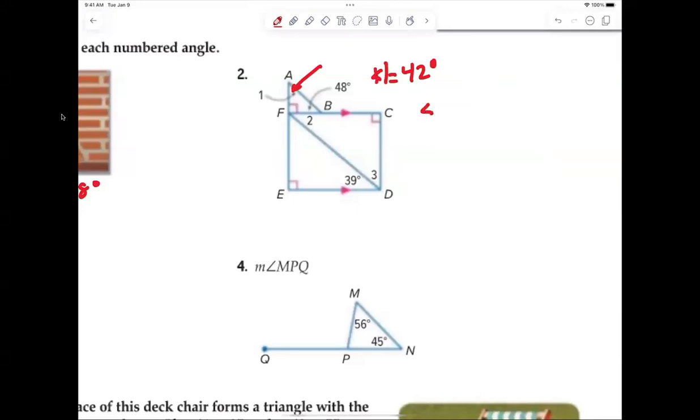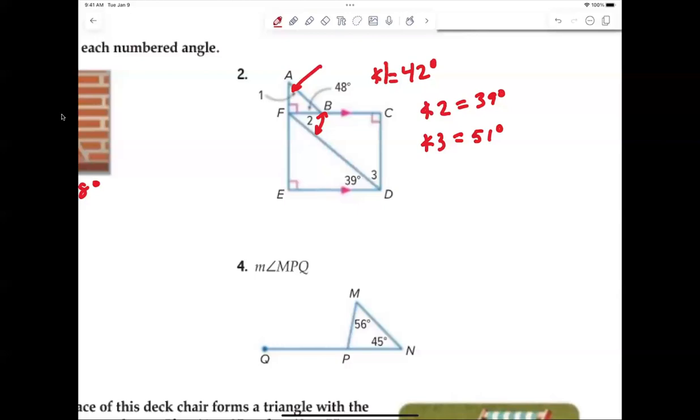All right, now we should be able to tell me what angle 2 is. 39 degrees. They are alternate interior angles. So then angle 3 must equal 51 degrees.